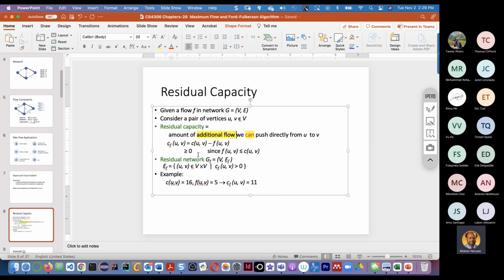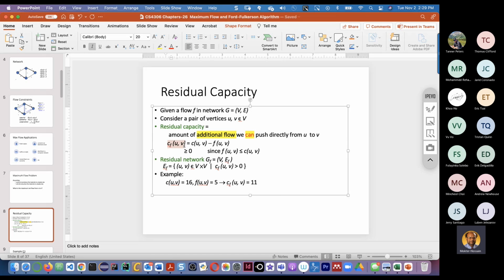So if C of F of U and V equals C of U to V minus flow of U to V, here C of F is called the residual capacity.